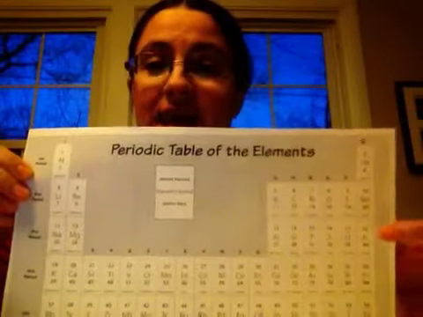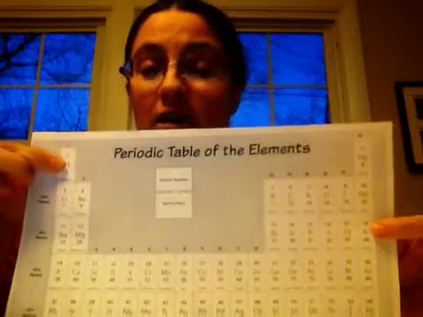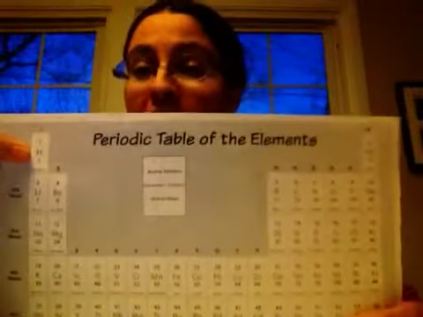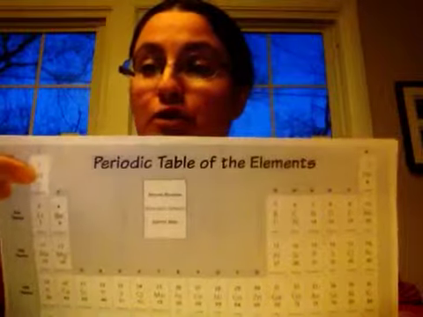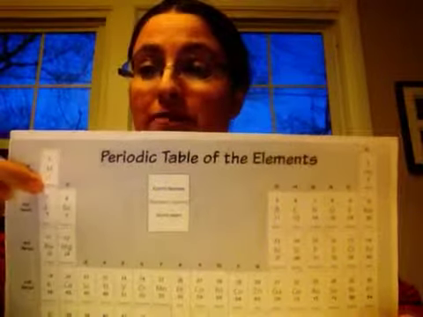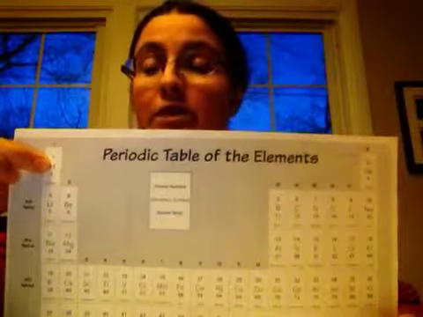Now, we will be studying the first 18 elements, from hydrogen up in this corner to argon down in this corner. Now, if you look at the periodic table, it tells you a number of things about each element. It tells you the symbol, which is right in the middle. So this is hydrogen. It tells you the name at the bottom, the symbol H, which is its symbol.